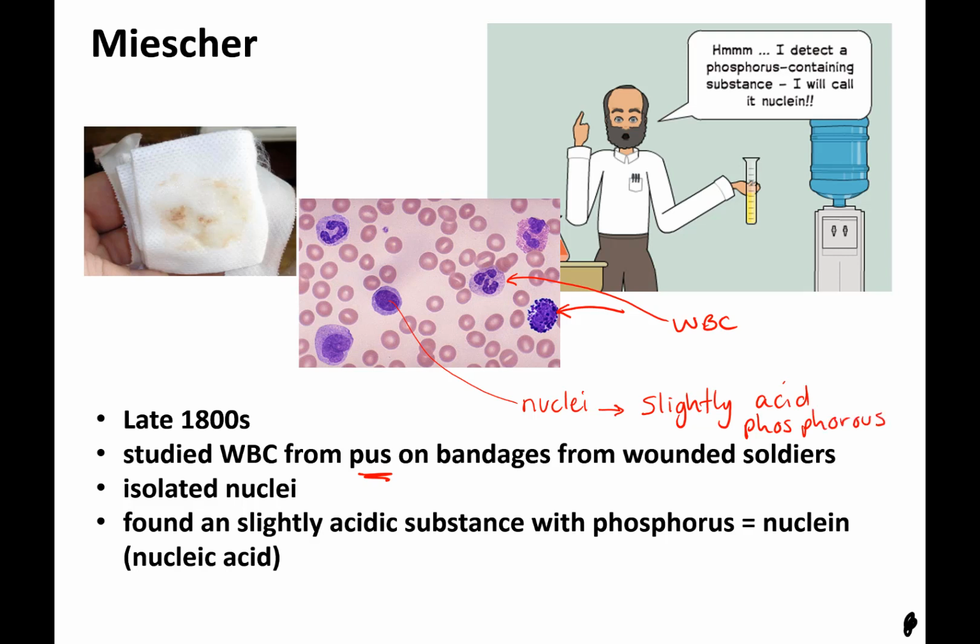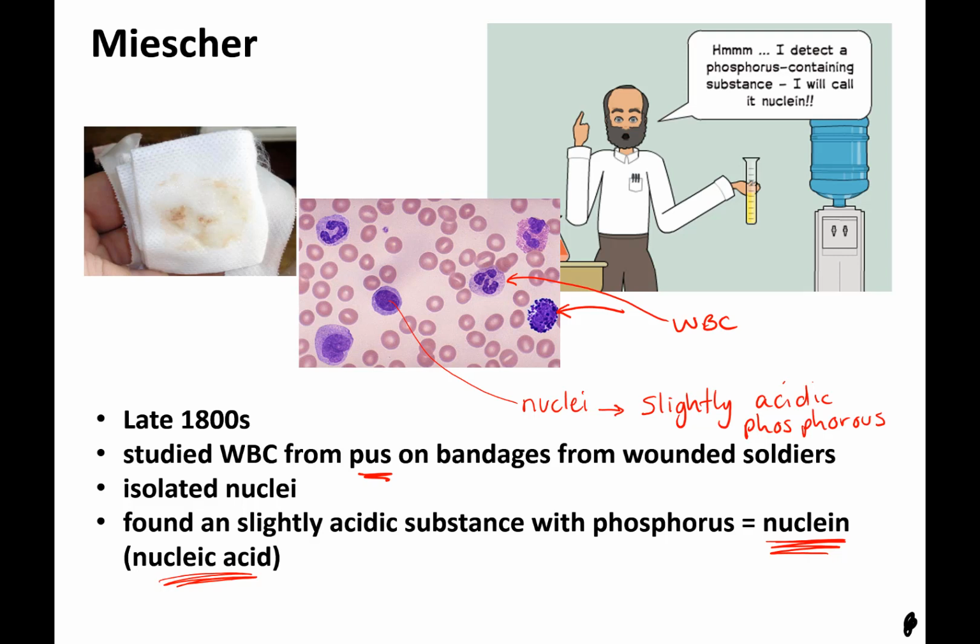So this was our first insight into that there's something in the cells that have this phosphorus and this acidic characteristics. And he called this nuclein. His apparently graduate students renamed it nucleic acids, and that's where we get that terminology for DNA and eventually RNA.